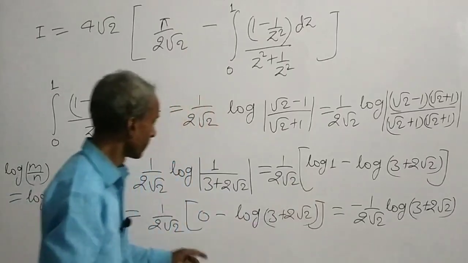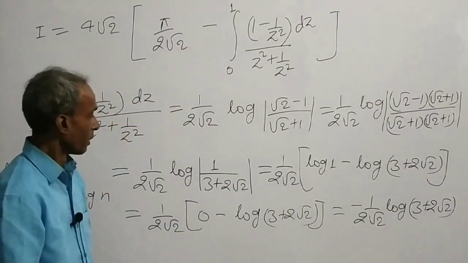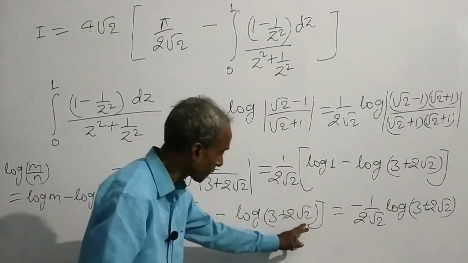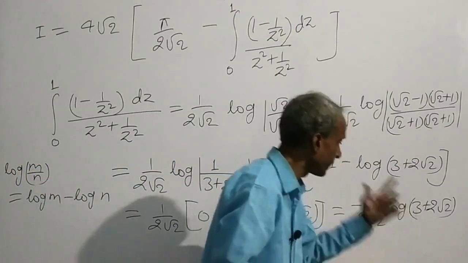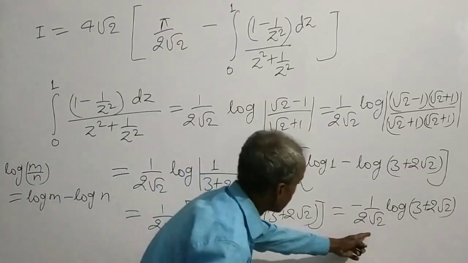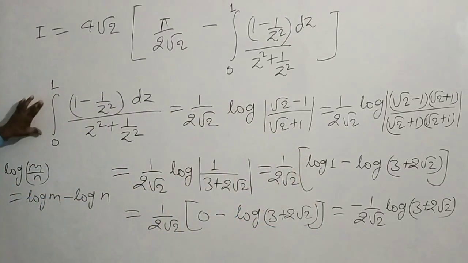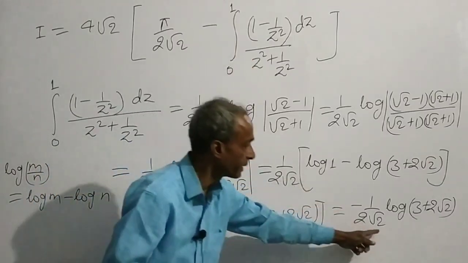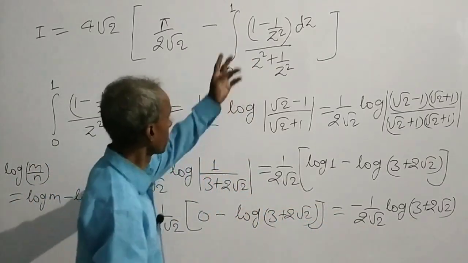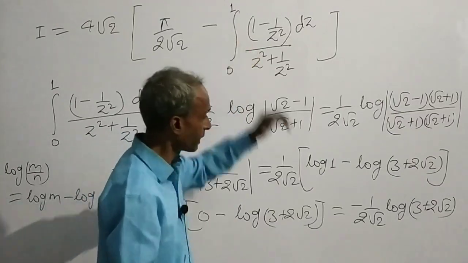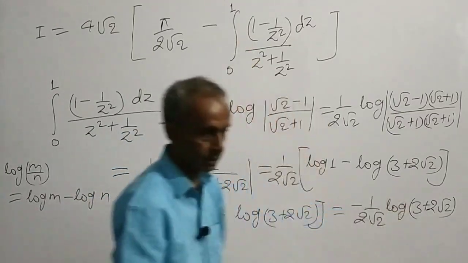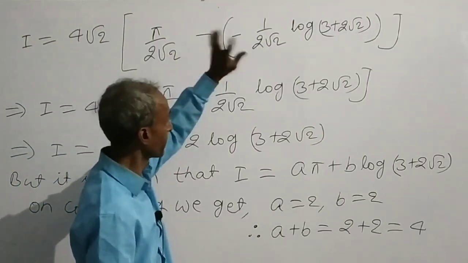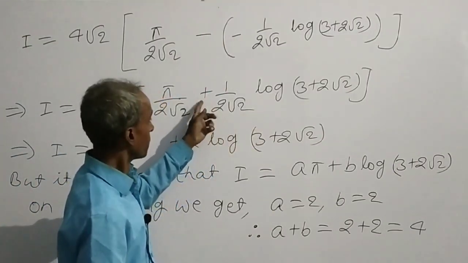Value of log 1 is 0, and 1 by 2 root 2 times minus log of 3 plus 2 root 2 will be equal to this. This is value of this definite integral. Therefore, now in place of this definite integral, we will write this. This minus sign times minus sign will be plus sign.